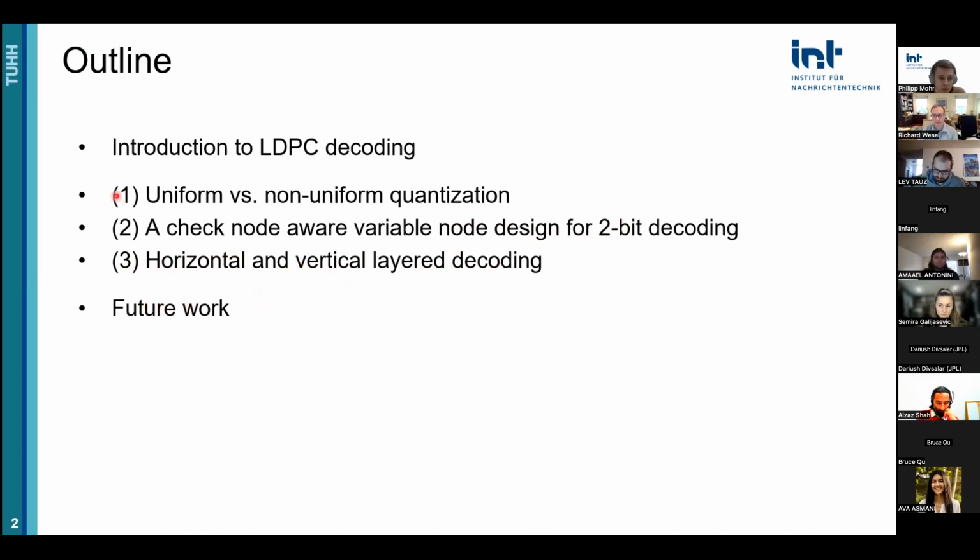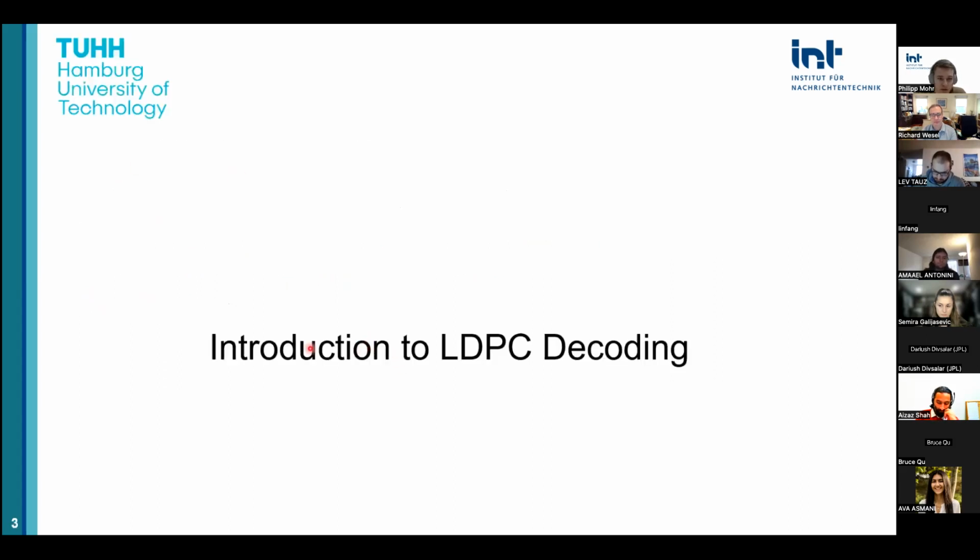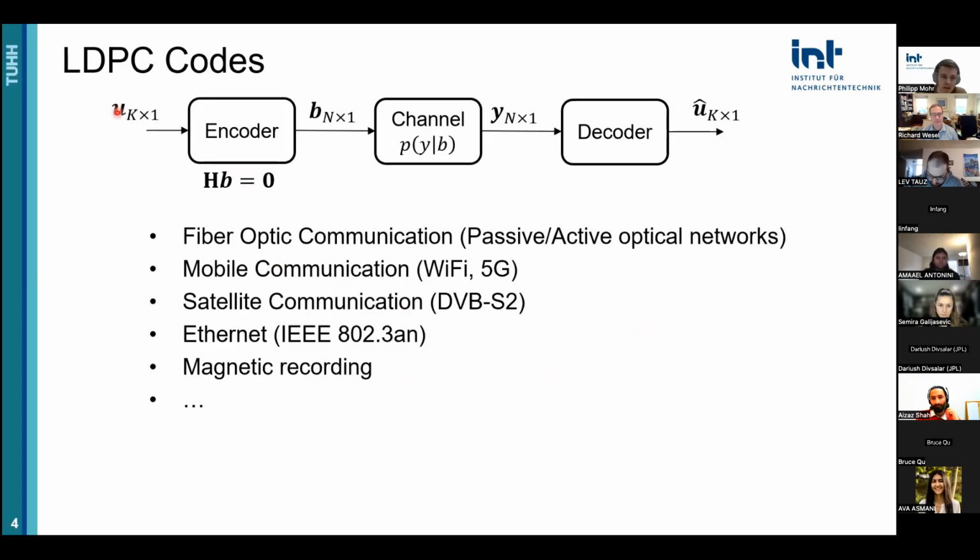And I will now start with a short introduction. I think you are all very aware of that topic, but it's important to have some common ground. LDPC codes are used in many applications, and a typical model is depicted here at the top, where we have some information bits that shall be protected by an encoder.